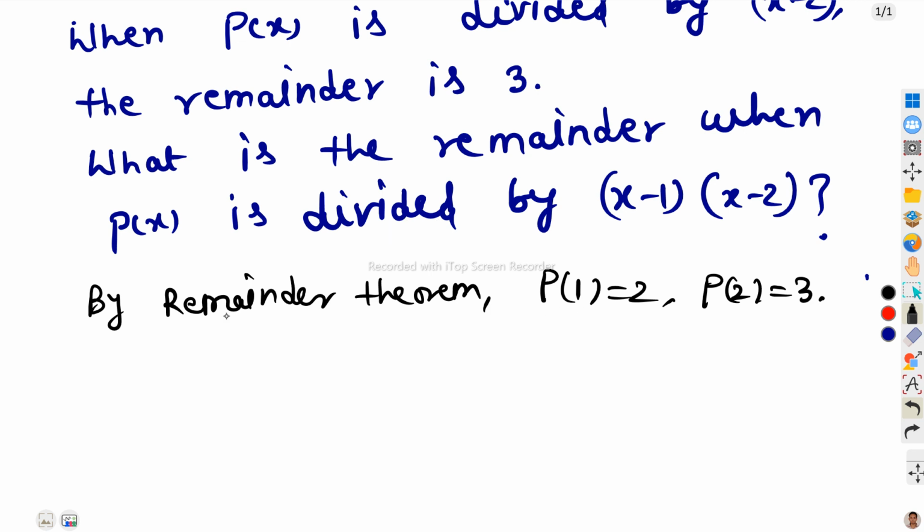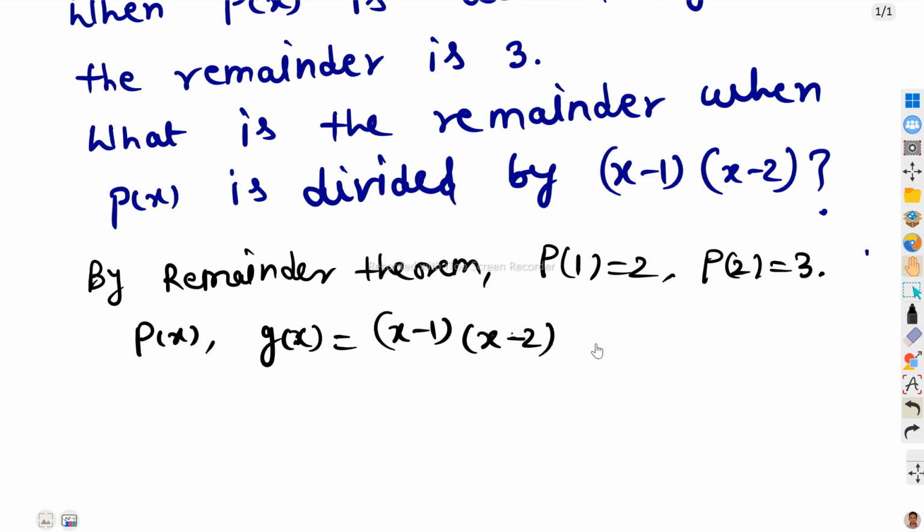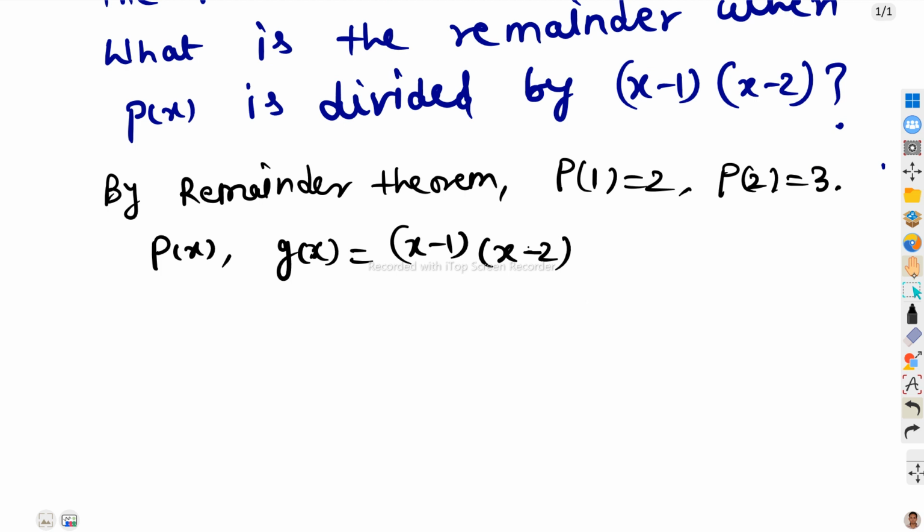Again, we are given a polynomial p(x), and we have to divide p(x) by g(x), which is the quadratic polynomial (x minus 1)(x minus 2). So by the division lemma, p(x) equals q(x)(x minus 1)(x minus 2) plus r(x). The degree of r(x) must be less than the degree of g(x).